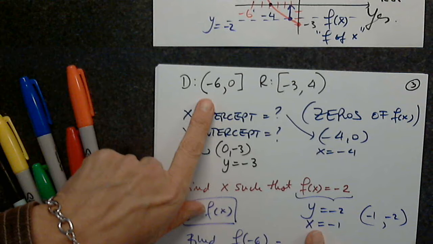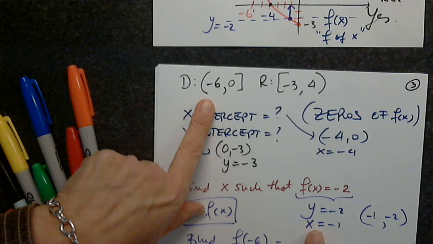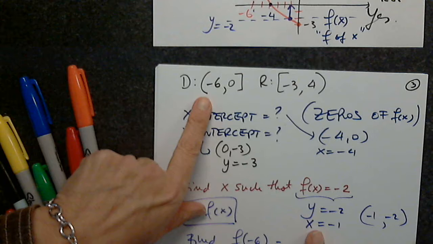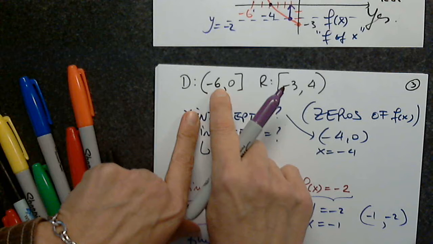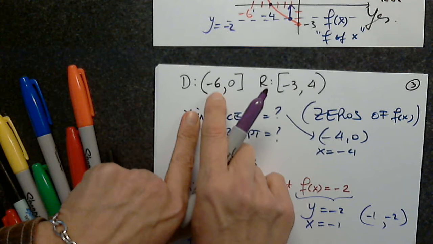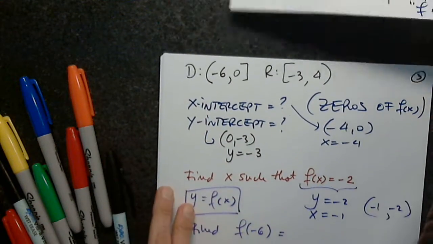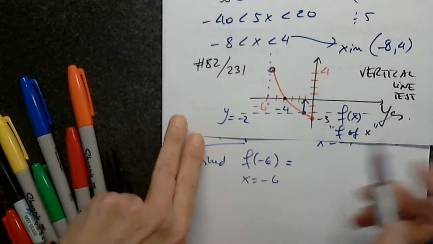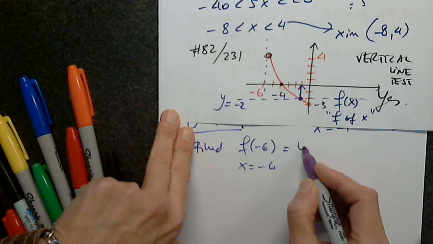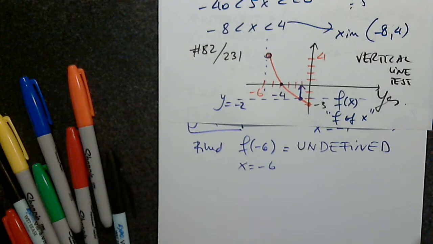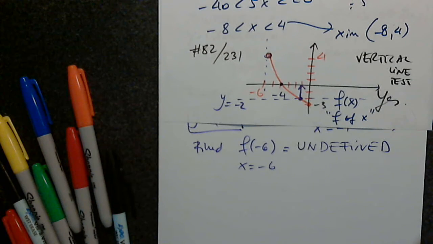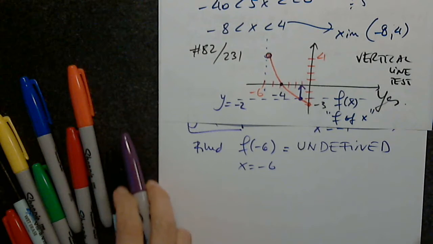What does this mean when we use a parenthesis at -6? Exclusive. So when x equals -6, what is the answer? Very good. The function is undefined at -6. It has an open point. It's undefined at -6. Very good. Anything else here?